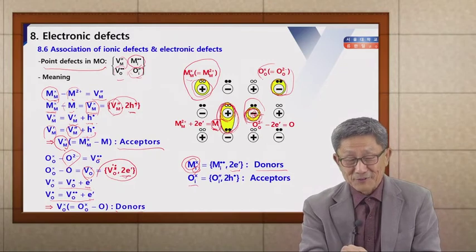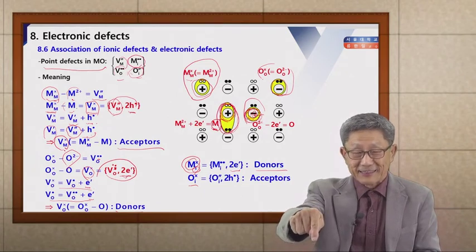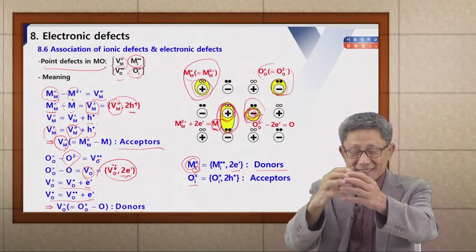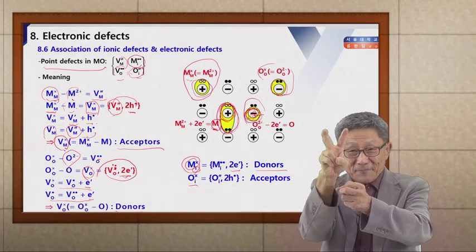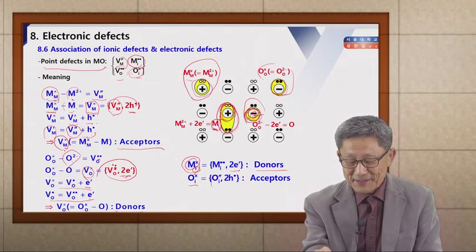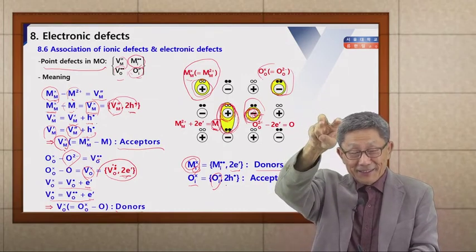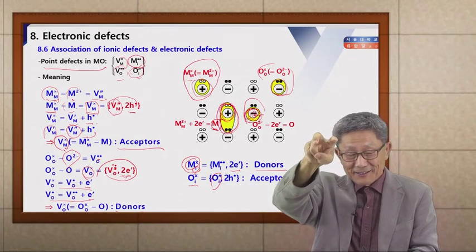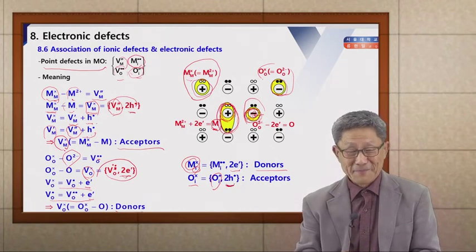Now what about the neutral oxygen interstitial? Suppose that you put into your crystal at the interstitial site an oxygen atom. This oxygen is always hungry for electrons. So this guy wants to pick up 2 electrons from the valence band in the crystal. By picking up 2 electrons, it becomes a negatively charged oxygen ion, and then at the previous electronic sites there remain 2 vacant electronic sites, which are holes.